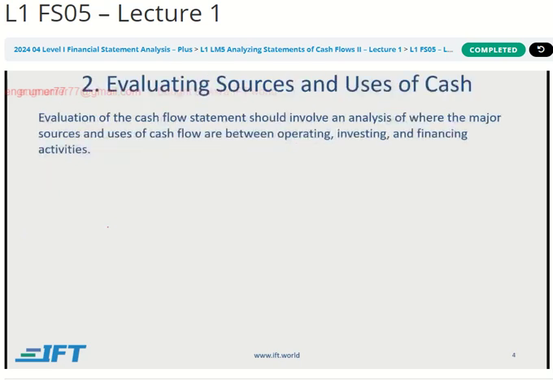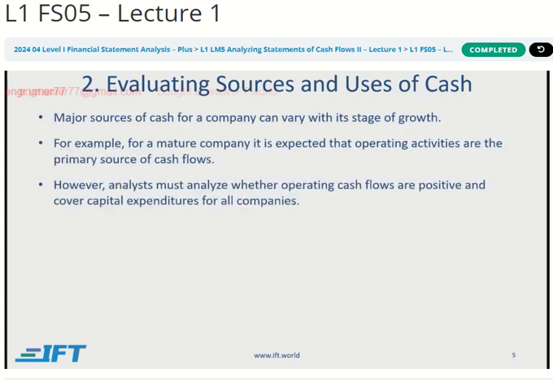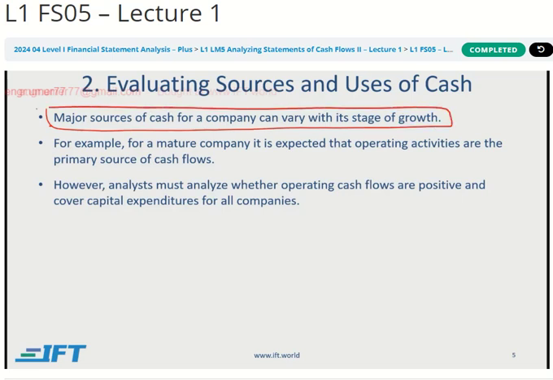Okay, so here is the why. Why do you need to analyze this? The answer is that, first of all, it will help you establish at what stage of its growth the company is currently at. For mature companies, your operating activities are usually churning out a lot of stable cash flows, right?